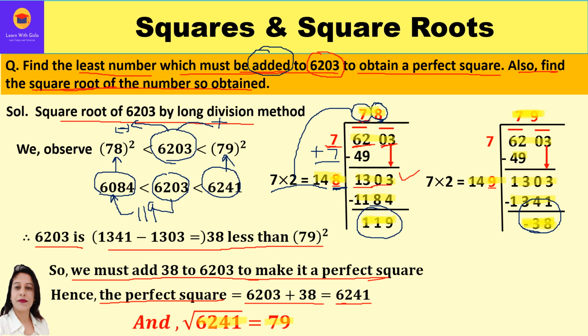As 6241 is a perfect square number, and we can see over here 79 square, we are getting 6241. So if we find the square root of 6241 by the long division method, the remainder will come 0, and the quotient that we will get, that is 79, is the square root of 6241.